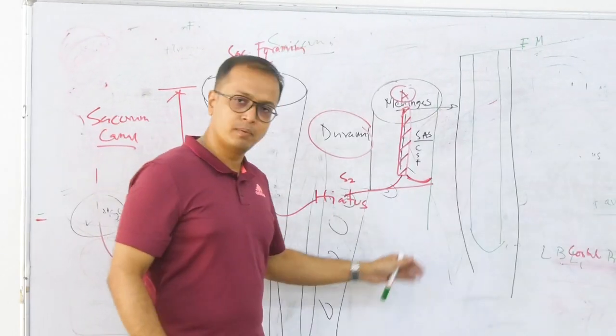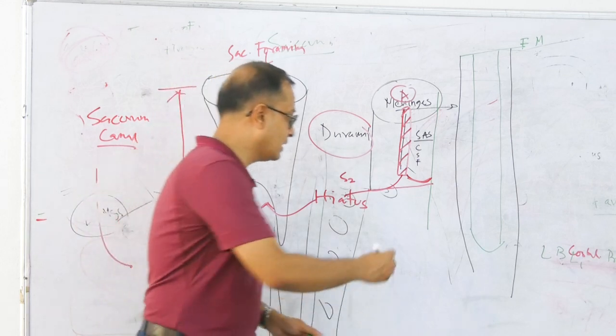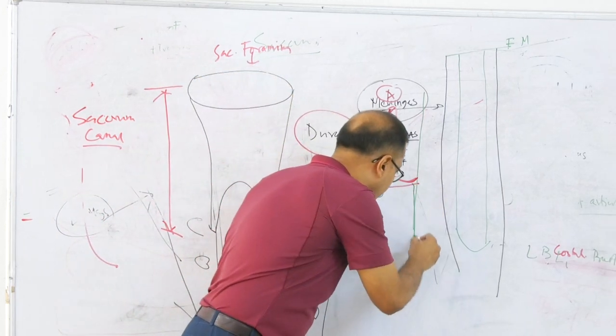Beyond the S2 vertebra, only one layer, the pia matter, goes down.